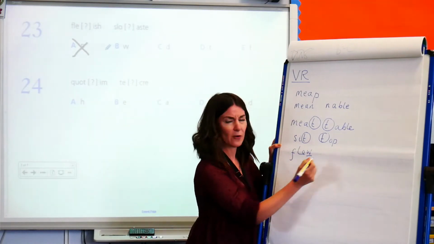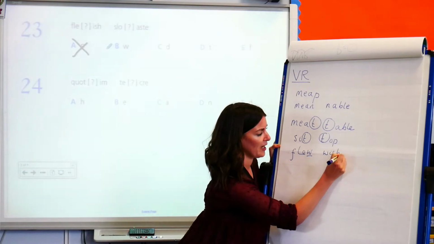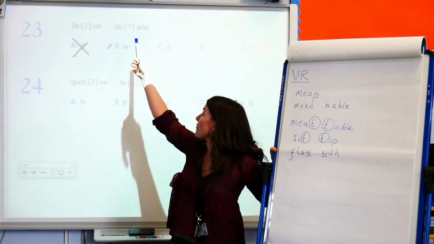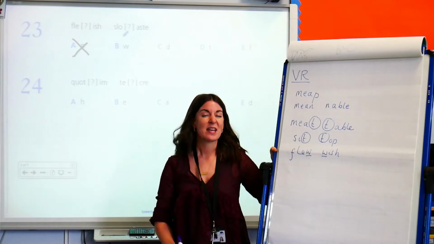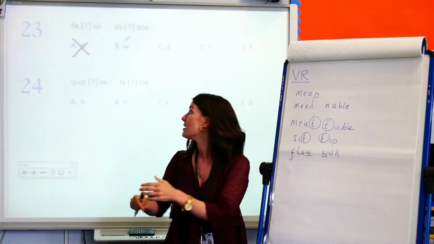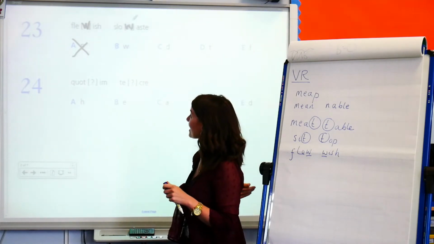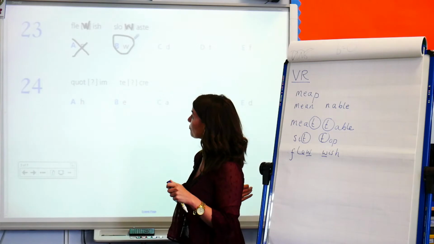I've got flew, and then I'm going to have wish. Looking good so far. Got to have the same letter here, and without even writing it down, I know it's slow and waste. So that one's going to be W. So that works perfectly. So B is my correct answer. Well done if you got it right.